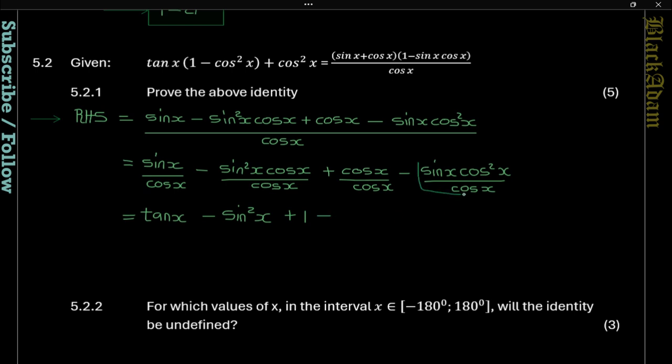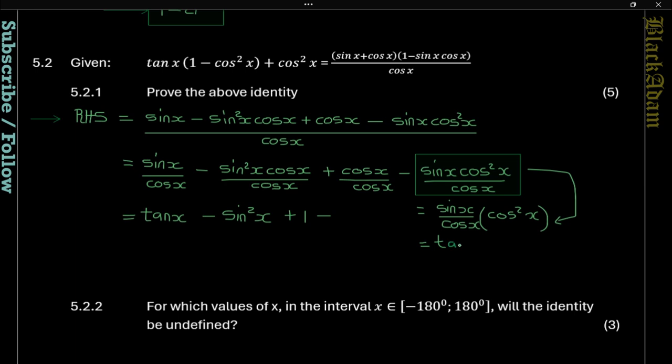Now our third part, we need to be creative. Taking that part, we need to create tan there, so that's going to be sine x over cos x, and all of that we multiply by cos squared x, so now we have tan x multiplied by cos squared x.